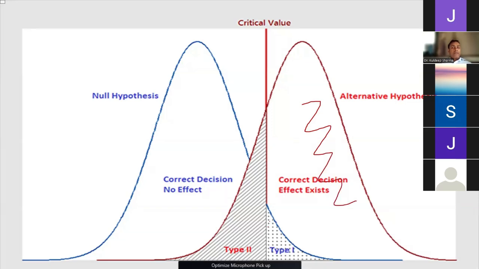But I have got this, or I have said this area is correct, then it is type 1. Means rejection is small, but you accepted that as correct, then type 1. And in type 2, again the same thing. You have to select this area, but you have selected this area. So this is something related to null and this is something related to alternate.